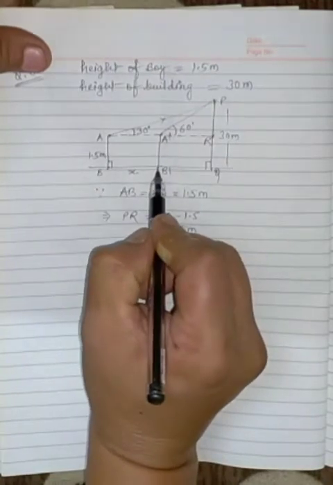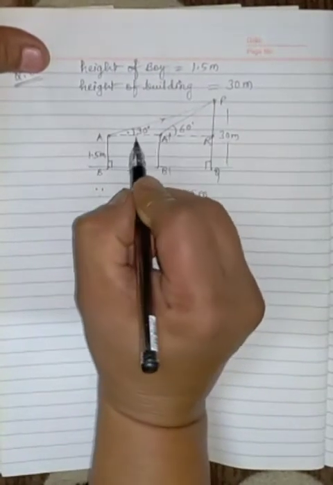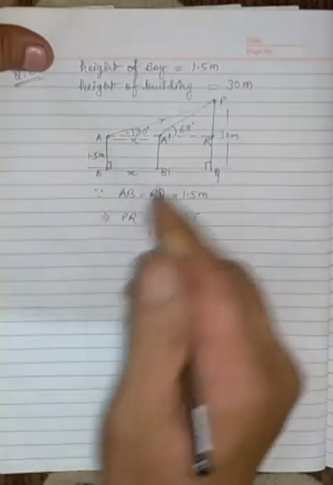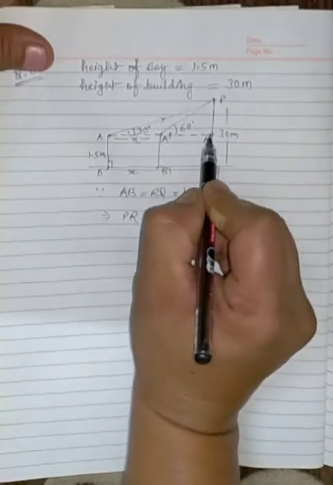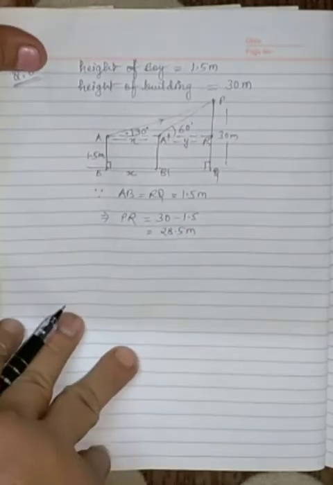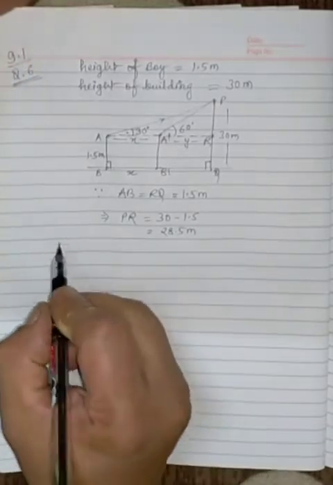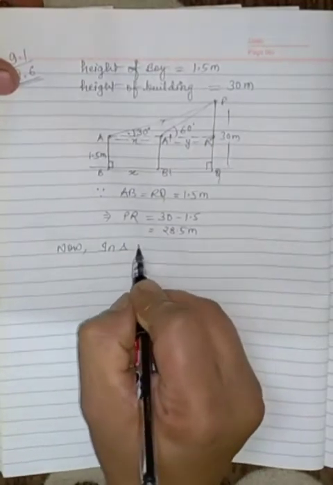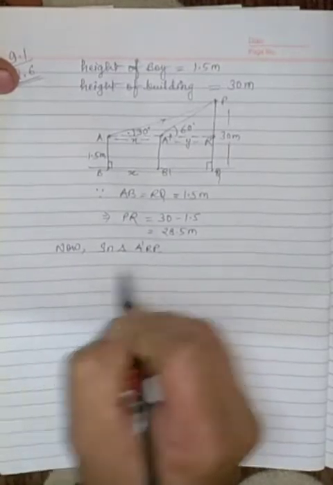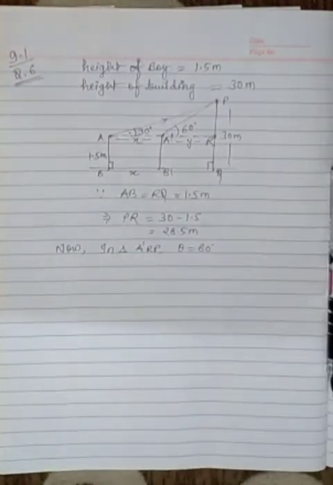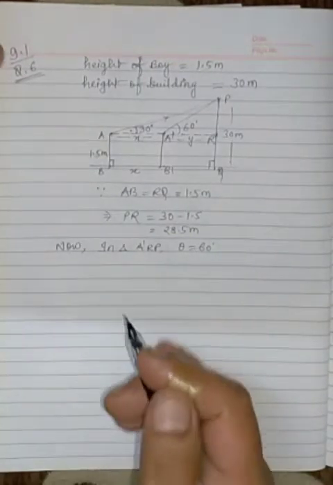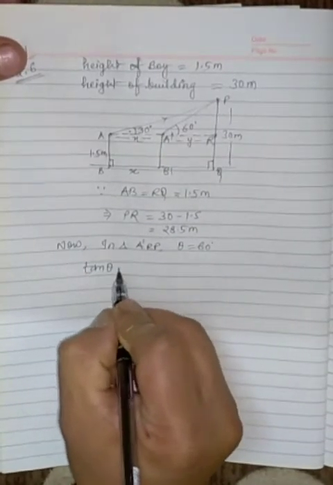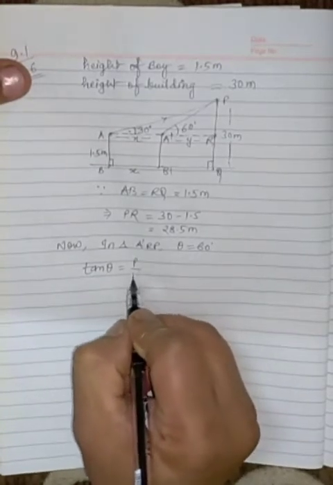Now as BB dash is X, AA dash is also X. Let A dash R be Y. Now in triangle A dash RP, where theta is equal to 60 degree, and the relation is between perpendicular and the base, we will use tan theta is equal to perpendicular upon base.